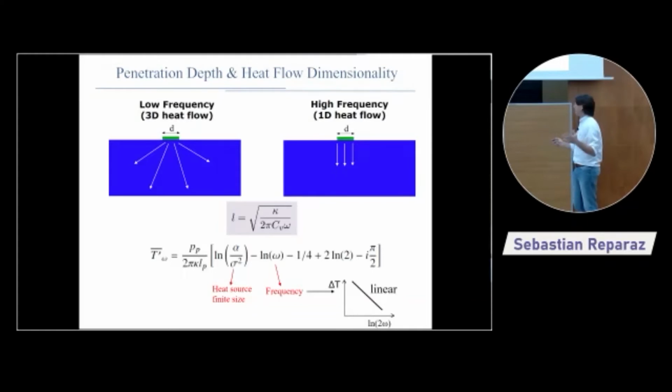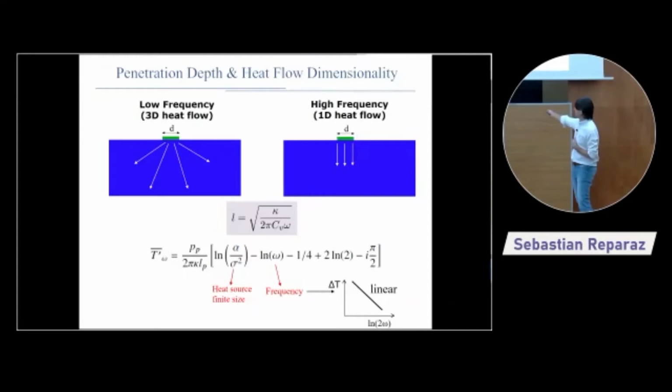And the magic of the 3 omega method comes from, and I'm not going through all the mathematics here, when you solve the temperature response of the transducer, this is relatively complicated. This is a modified Bessel function of the second kind. But when you bring this to the large thermal penetration depth limit, which means the waves penetrate much more than the size of your transducer, you end up with this crazy equation that you see here.